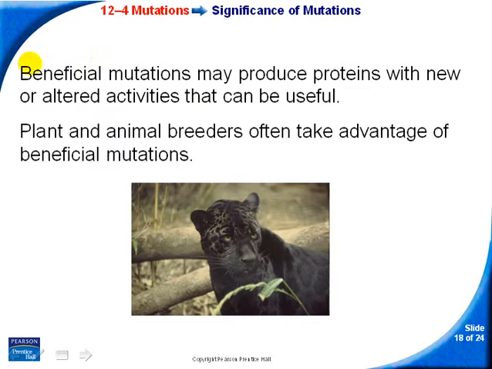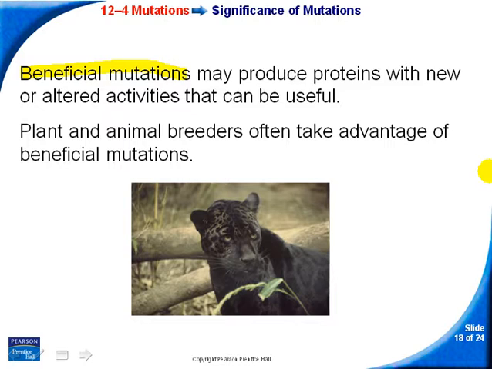But sometimes mutations can be beneficial, such as this beautiful looking leopard here that is a black leopard, and that's a result of a mutation that can lead to exotic new organisms, or organisms that are better able to survive, or maybe provide traits that are beneficial.